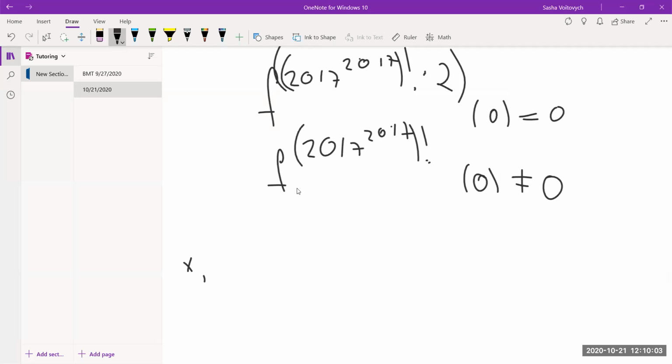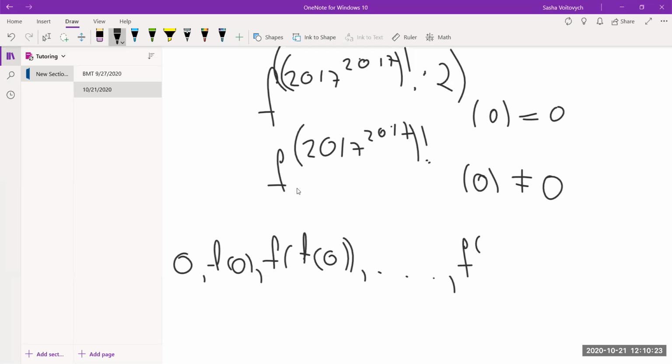Okay. Now let's step back a little bit and think about how this sequence behaves: x, f of x, f of f of x, and so on. Let's plug in x equals 0 here. So let's start from 0, then we consider f of 0, f of f of 0, and so on, fn of 0, and so on.